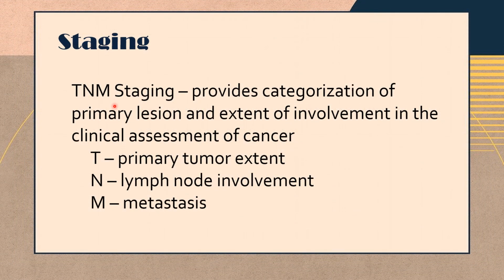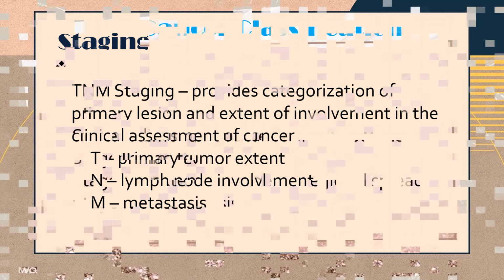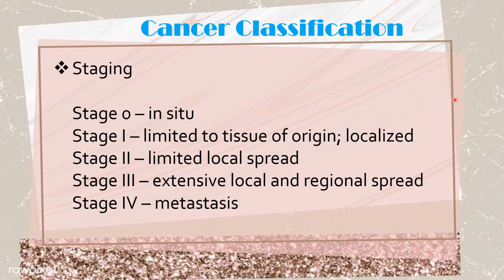The TNM system, or the TNM staging, provides categorization of the primary lesion and extent of involvement in the clinical assessment of cancer. T refers to primary tumor extent, while N refers to lymph node involvement, and M refers to metastasis. So those are the cancer classifications according to staging.